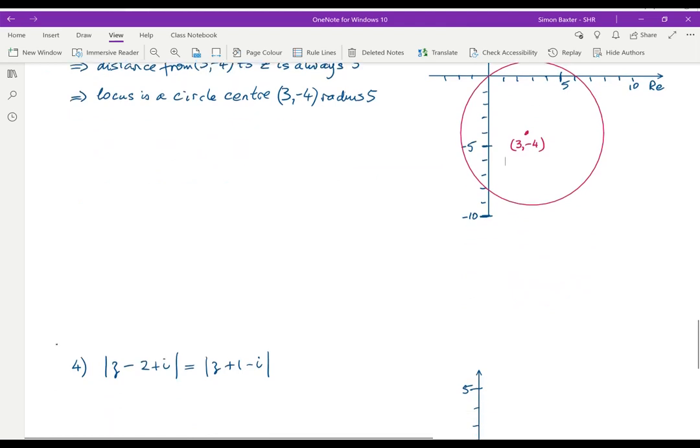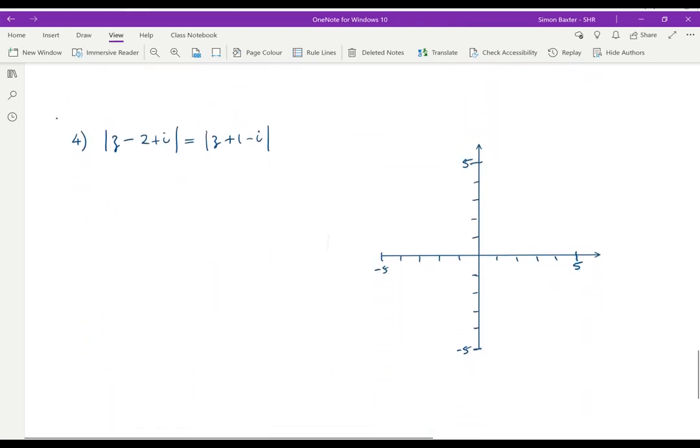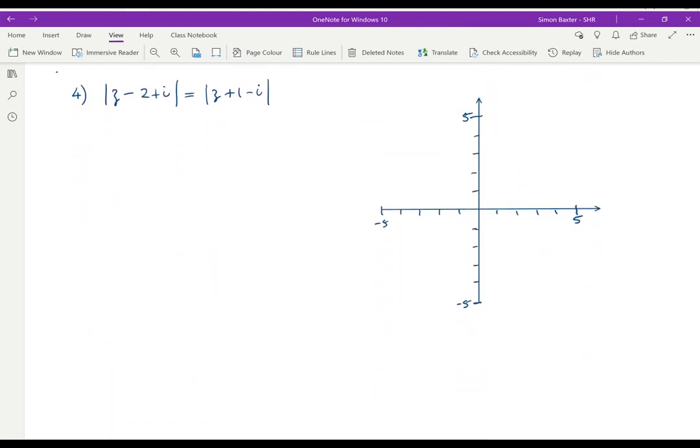Okay, one more. What can we say about this one? Well, now I think you're probably beginning to get the idea. We're looking first of all at z minus 2 minus i and z minus 1 plus i.